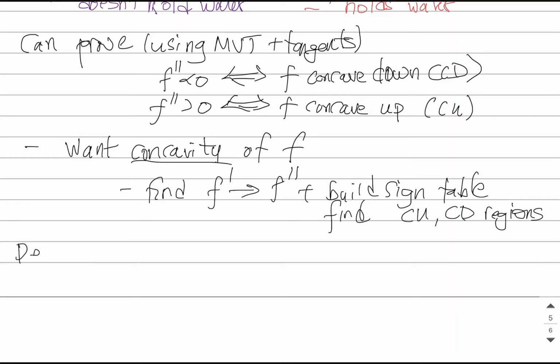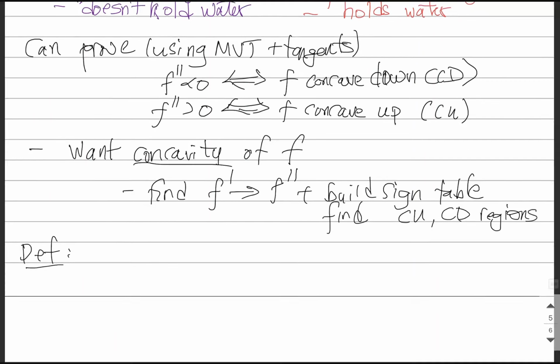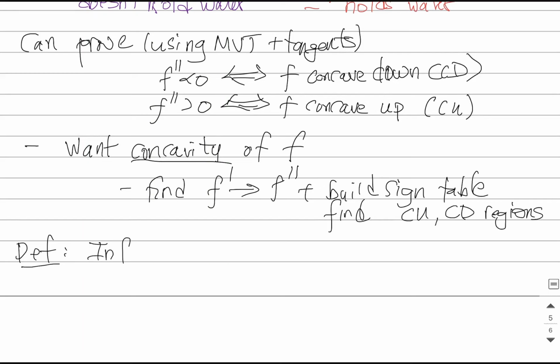Now there's a special kind of point. For the first derivative, we have these special points called critical numbers. There's something similar for the second derivative, but you have to be very careful. The definition is subtle. It's called an inflection point.